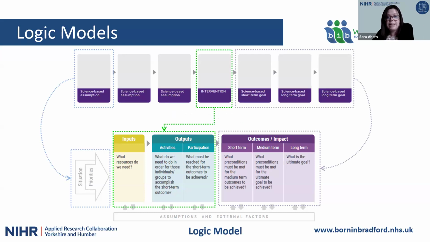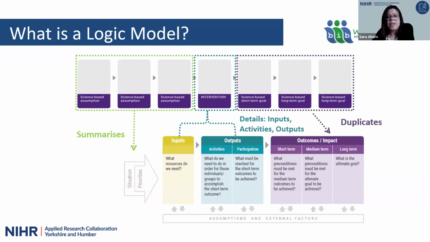And that's where we're really providing that detail around what it is that we're actually doing. So it summarises what's the current situation, it duplicates our outcomes, but it provides real levels of detail. And I do mean real levels of detail in that central bit. So what are we doing? Who's doing what? And what do we need in order to deliver it?